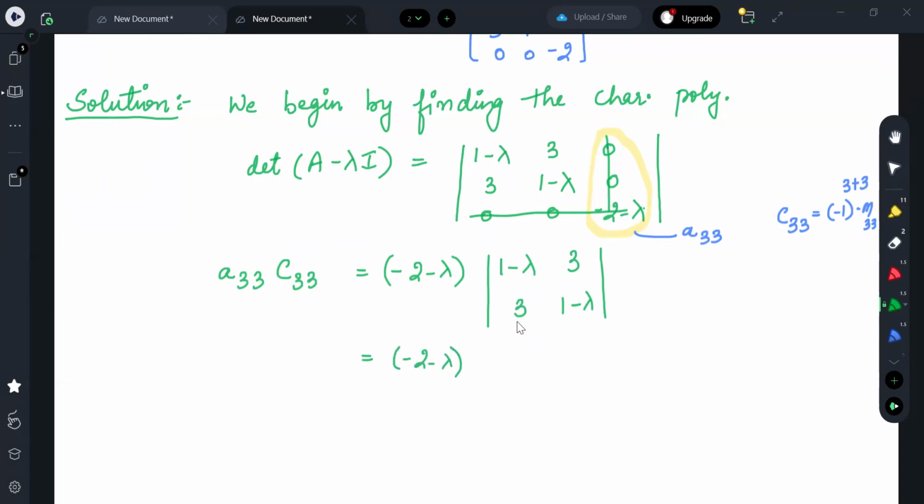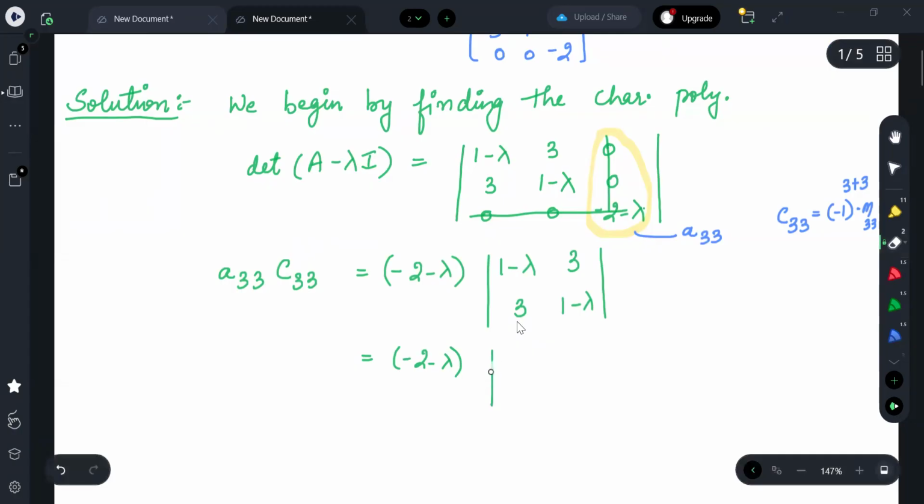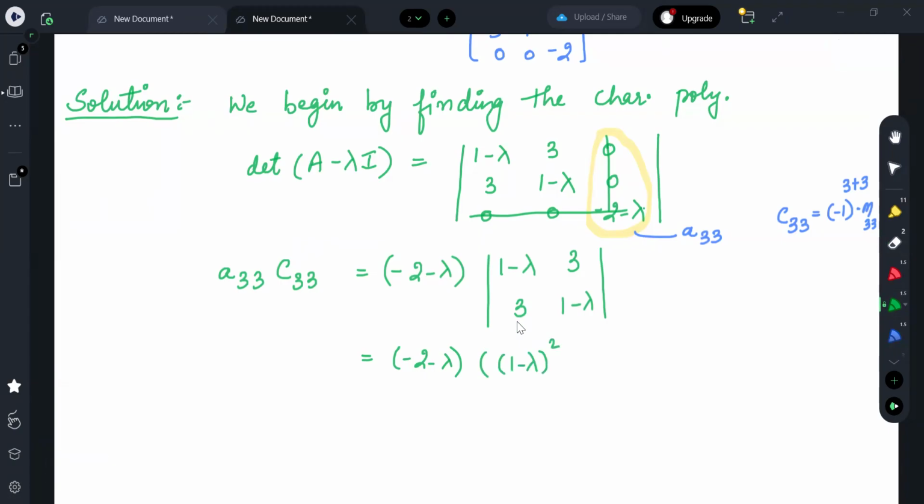-2 minus lambda, and the determinant of a 2 by 2 matrix is just cross multiply. So I have (1 minus lambda) squared, minus 9. And you can open this bracket and simplify.